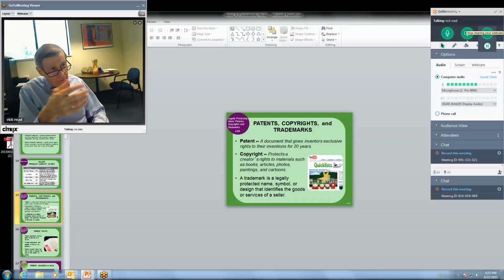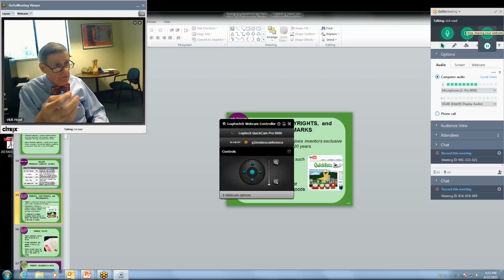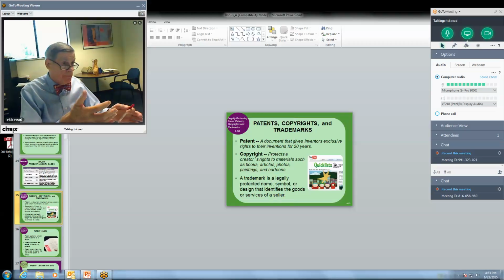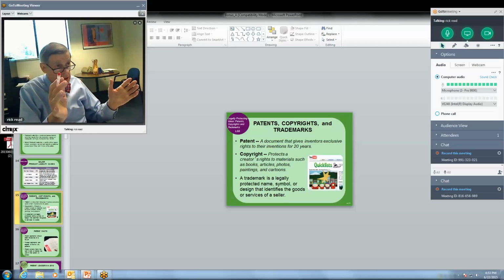We think about this as people who write songs, write books, or produce movies; they fall into this general category. Now, we know what a patent is. That's where somebody holds something that that person either made or invented, and that person has the exclusive rights to market and sell that product for 20 years. Once the 20 years is over, that patent goes away.